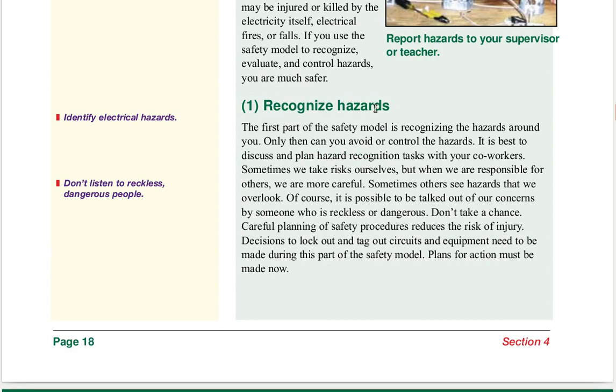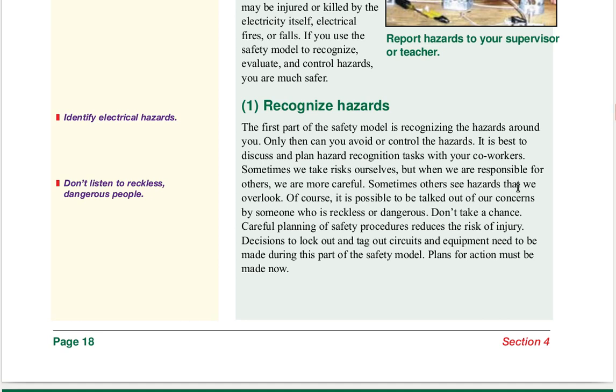Recognize hazards. The first part of the safety model is recognizing the hazards around you. Only then can you avoid or control the hazards. It is best to discuss and plan hazard recognition tasks with your co-workers. Sometimes we take risks ourselves, but when we are responsible for others, we are more careful.